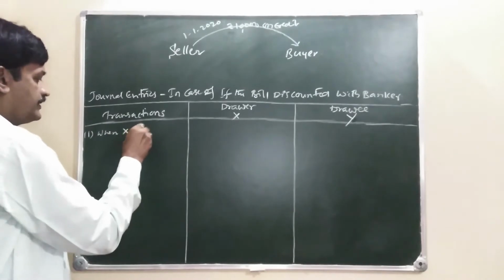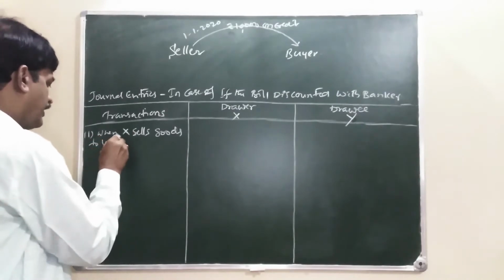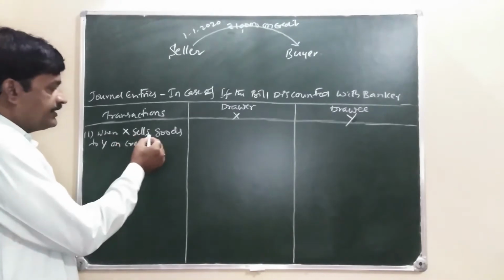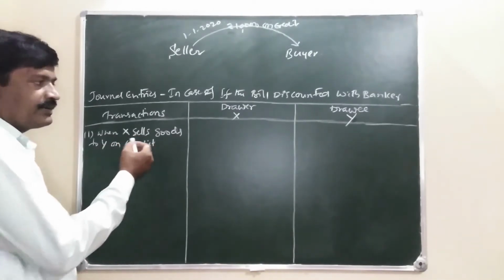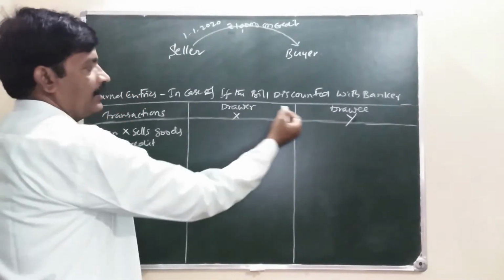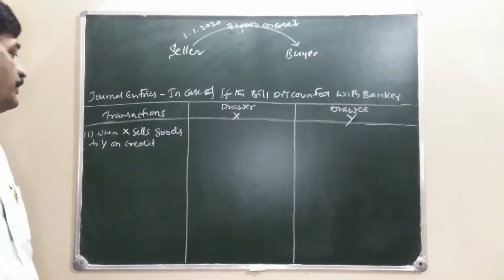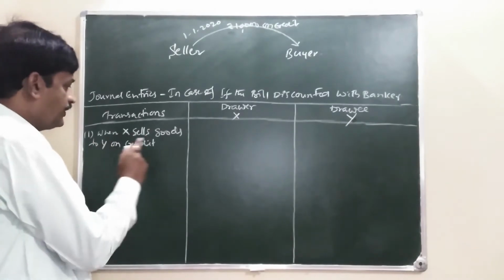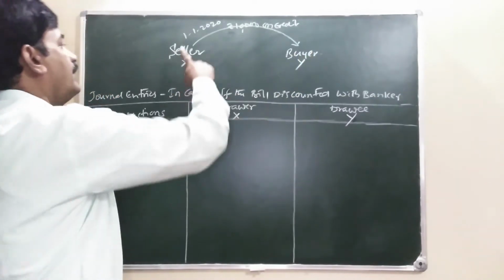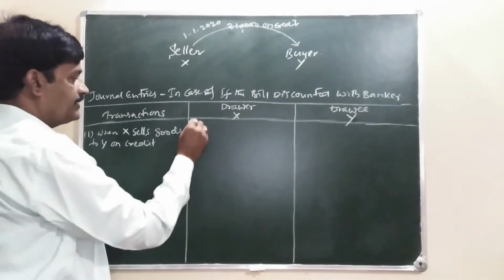when X sells goods to Y on credit, in the books of X. Suppose the seller is X and the buyer is Y. The seller is selling goods to the buyer, who is the receiver.